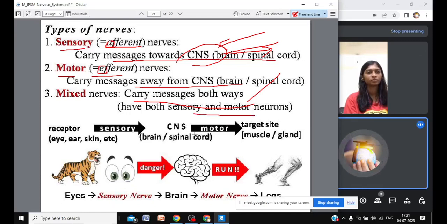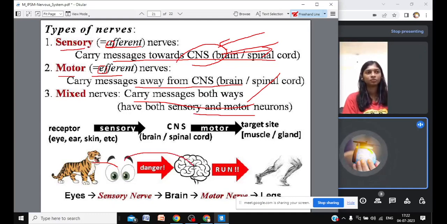Now here we have one example. The eyes will see the tiger. The eyes, that is the receptor, see the tiger. They send the message to the brain, that is the central nervous system.